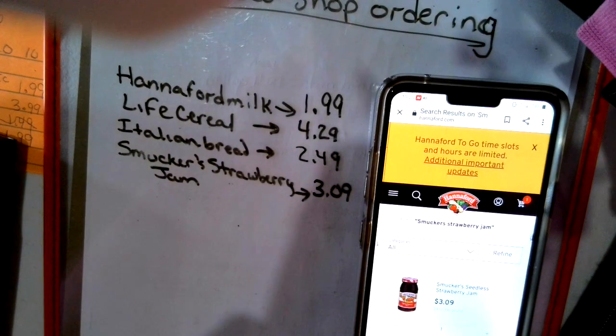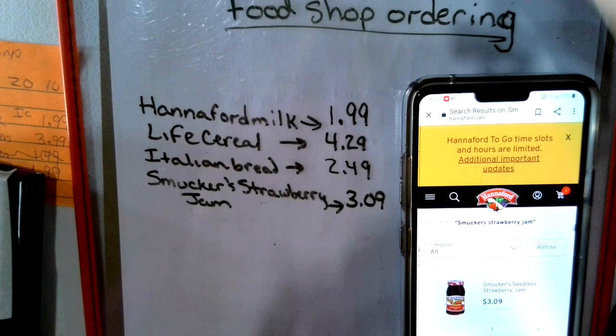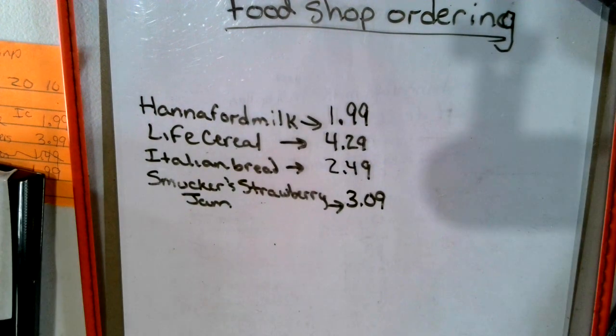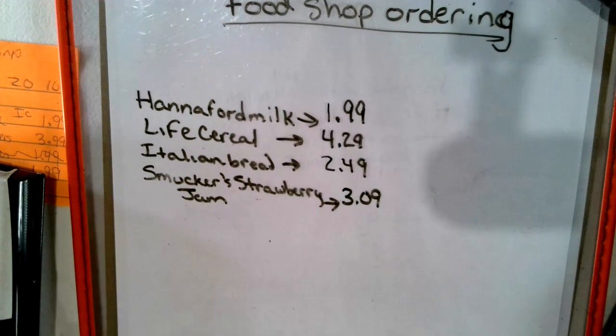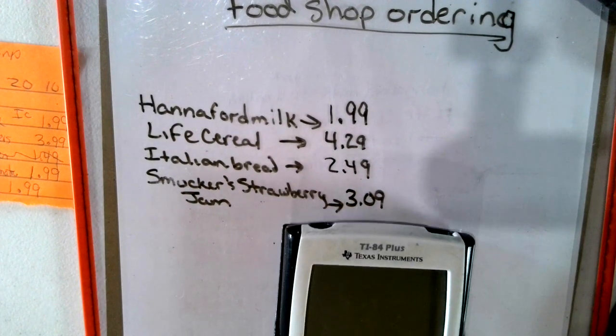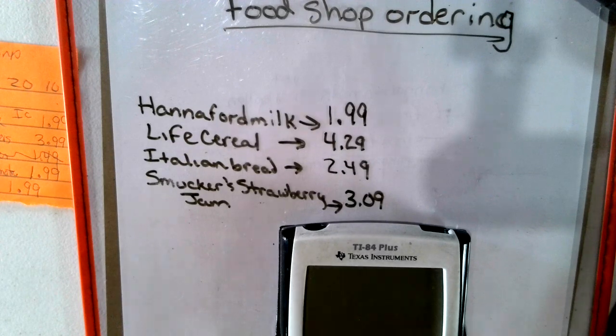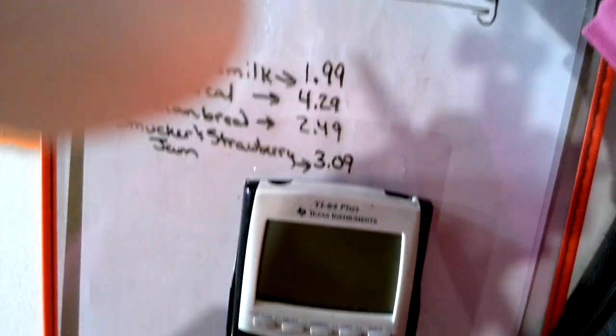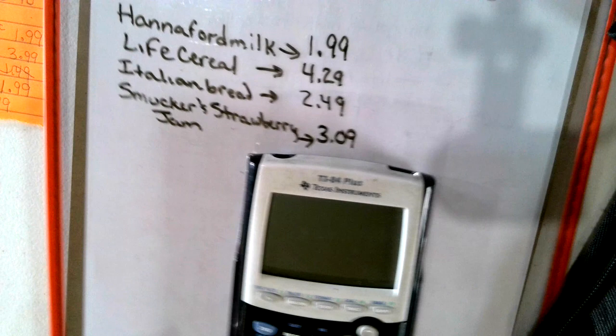All right, so now I'm going to move my phone out of the way and we're going to get right into the math part. Remember, this is definitely something we add up on a calculator. We're going to take those items and add them up.